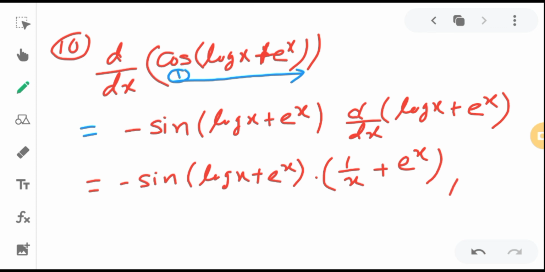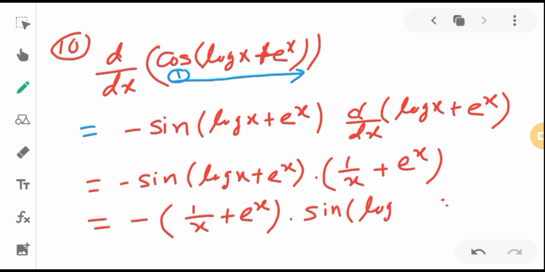You can arrange it and write this term first and that later, because the simplest term I will write on the left side. So 1 upon x plus e to the power x, into minus sine of log x plus e to the power x. So I hope you understood the solution.